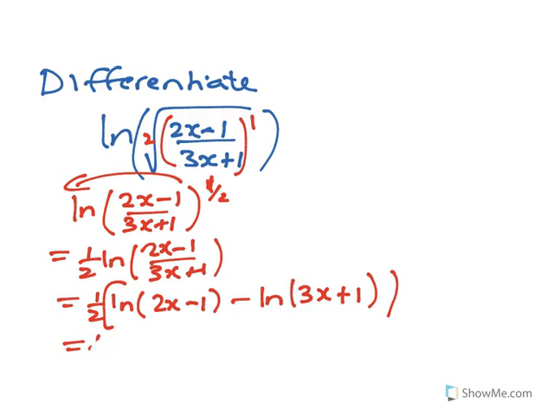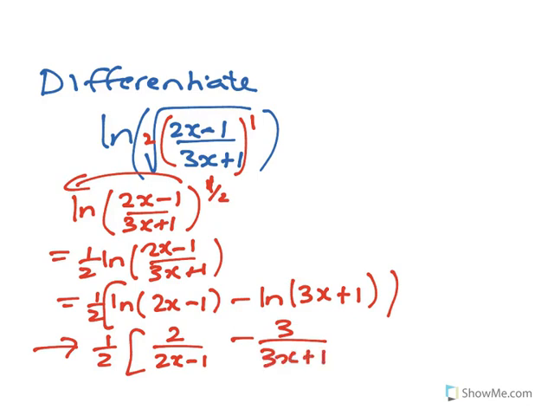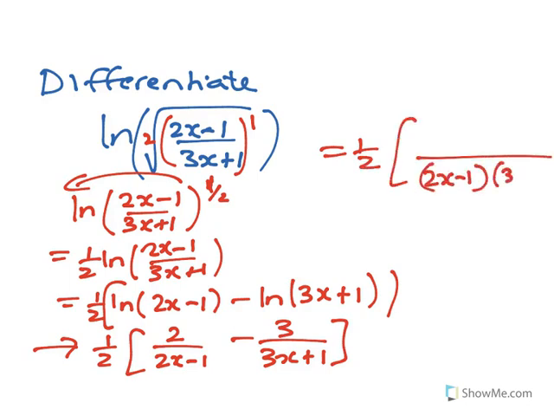Okay, so looking at that there, when you differentiate this, you get a half, and you get 2x over 2x minus 1 minus 3x plus 1 is 3 over 3x plus 1. And then simplifying this, that's a half. I'm just going to make it simpler because it'll make it a lot nicer. So you times this one by 3x plus 1 and this one by 2x minus 1.